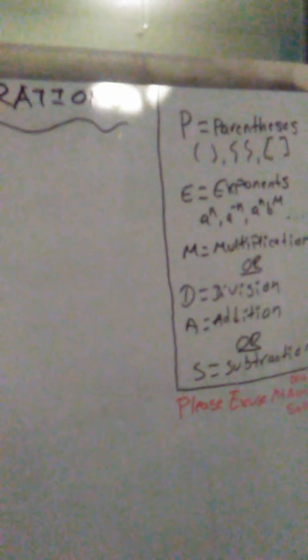Is there anything inside of the parentheses? Yes, it's the multiplication of 2 and 5. So 2 times 5 is 10. We bring everything else down, 15 minus 10, which gives us 5.